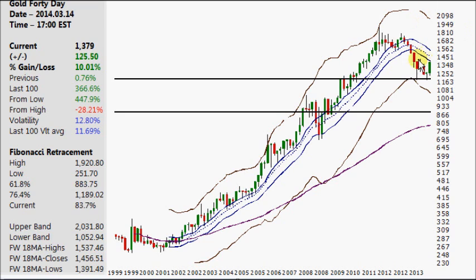So I need to see this thing flatten out, break below, establish support, come back to the band, which it's pretty much doing now. I'd like to see it go up a little bit higher, and then break support. So on any significant break below 1189.02, something that holds there for a couple of months or has significant breaks below, well, then this trend's reversing.